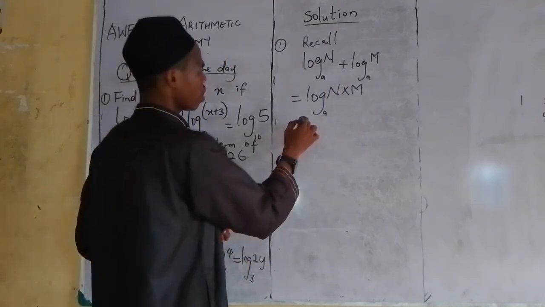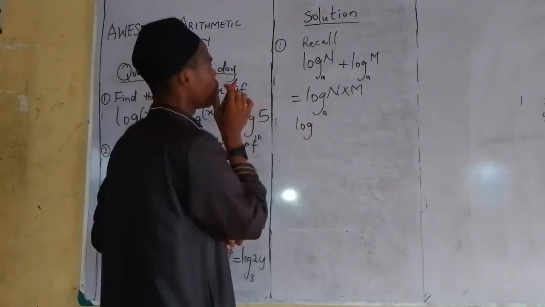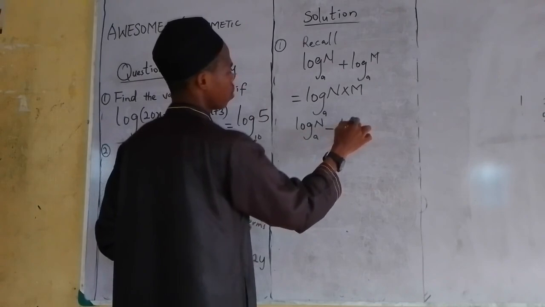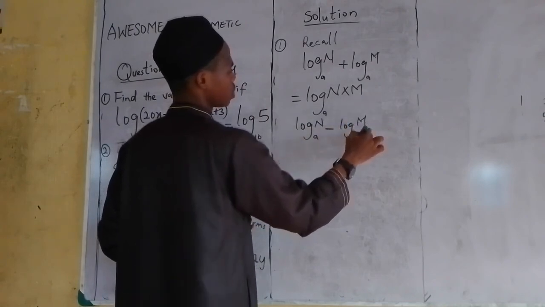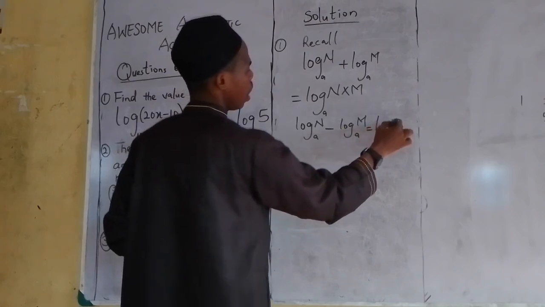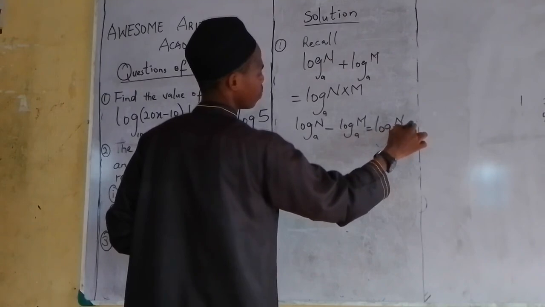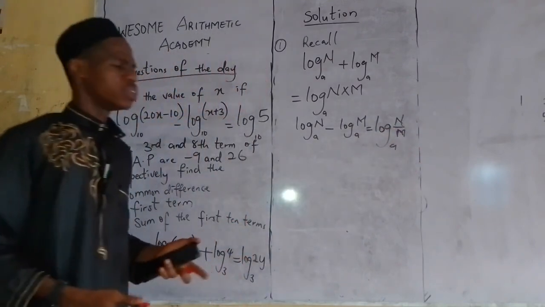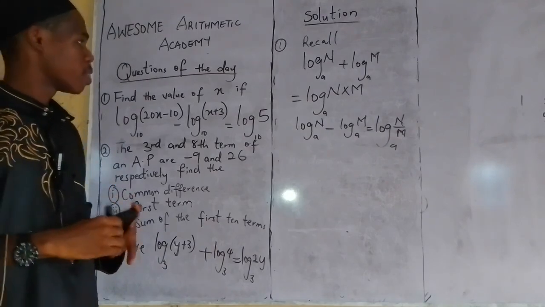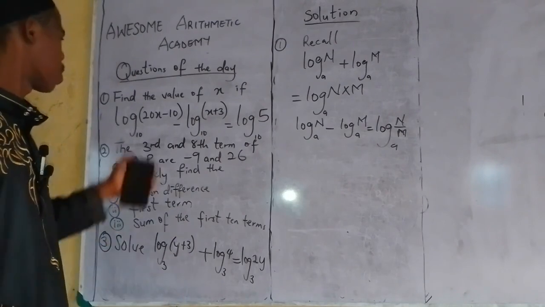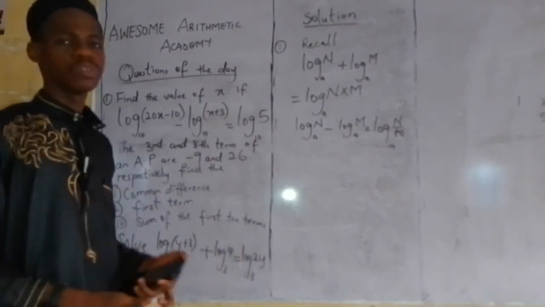And if I have log of m in base a minus log of n in base a, this will give me log of m divided by n in base a. So that means the one we are about to solve is looking like something like this. Just put the values there and then you get your answer.